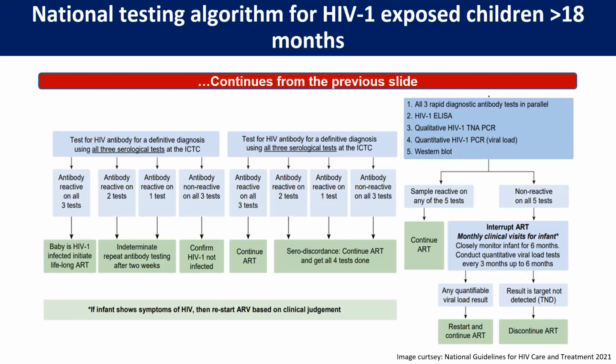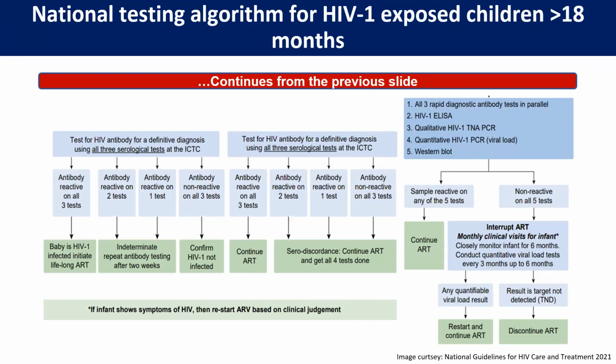That is all 3 rapid tests, HIV-1 ELISA, qualitative HIV-1 TNA PCR, and quantitative HIV-1 PCR, that is viral load, and Western blot. So if the sample is reactive on any of the 5 tests, you continue ART. If non-reactive on all 5 tests, then you stop ART.